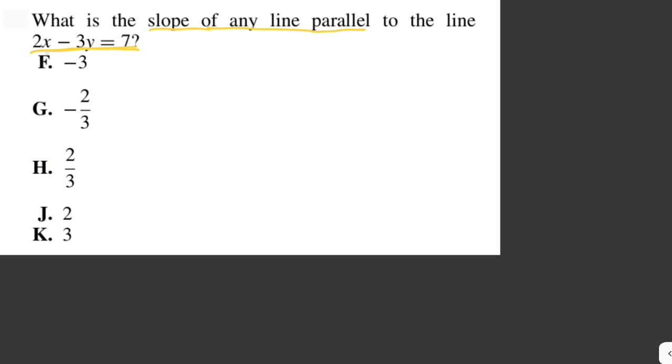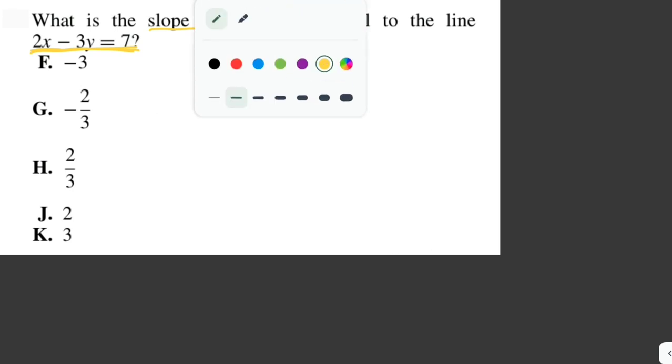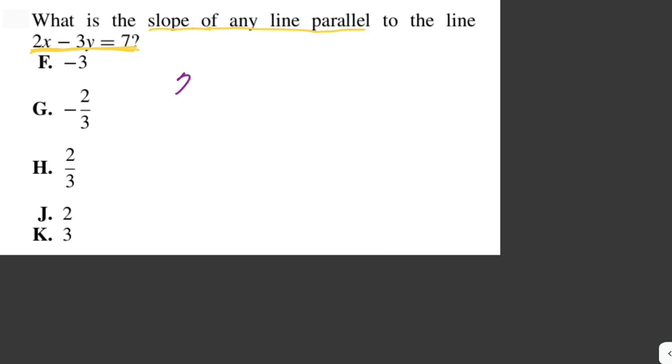So to solve this, we need to find the slope of the given equation. That would be 2x minus 3y equals 7. We need to write this in the slope-intercept form of a linear equation, which is y equals mx plus b.